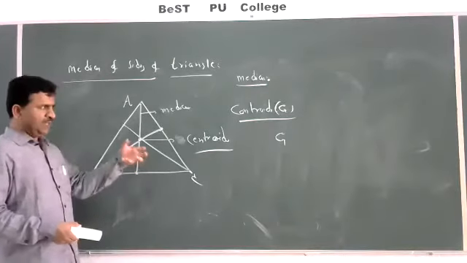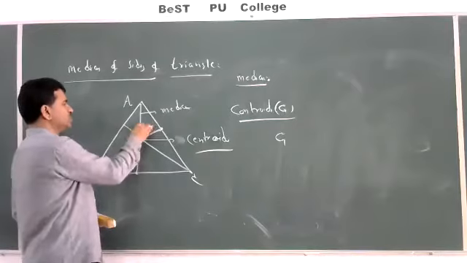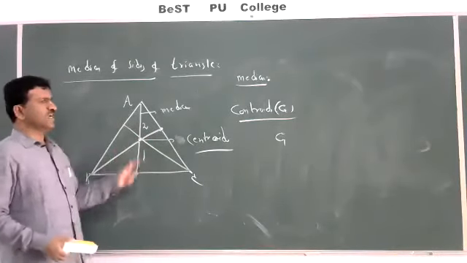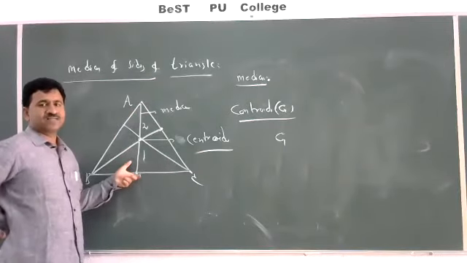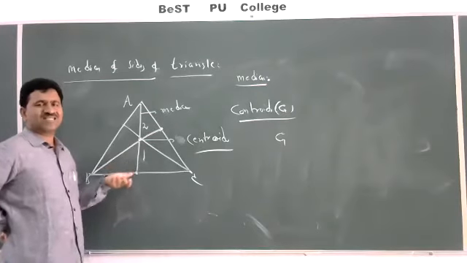And listen to me. The main property of G is that G divides the median in the ratio 2:1 or 1:2 always. That means it is a trisecting point. We discussed the trisection ratio: 1:2 and 2:1 ratio is called trisection ratio.